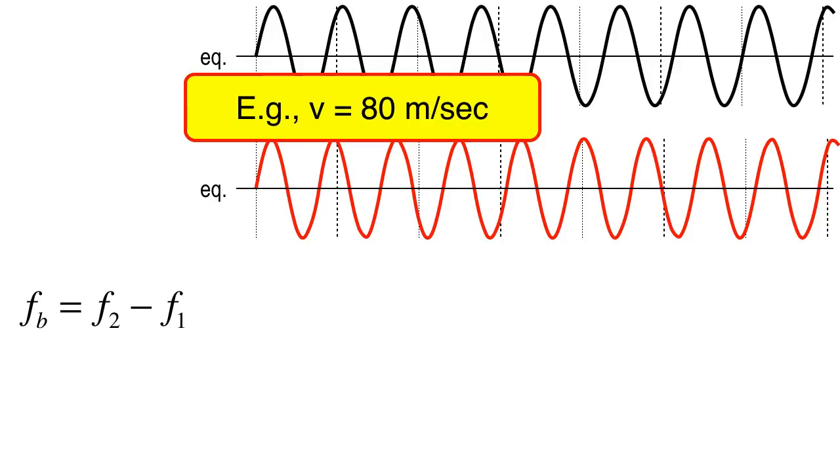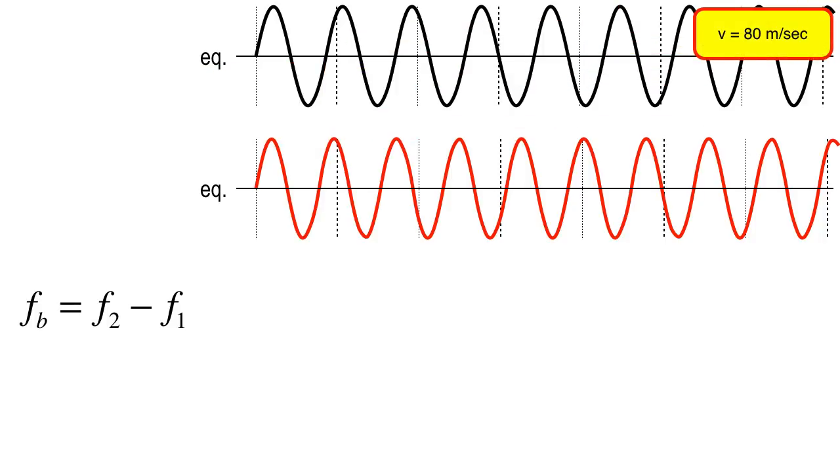So the speed of sound in this medium, on another planet with a different atmosphere, v equals 80 meters per second. Now, I set up the two frequencies to be 106.7 hertz for the black one, the first one on top, and 119.5 hertz for the one on the bottom.